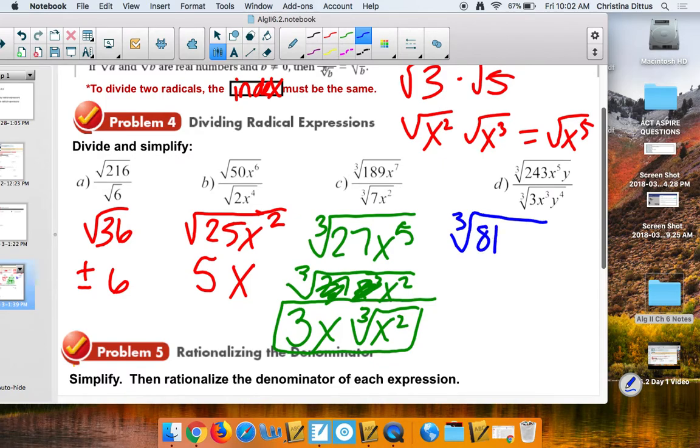What about my x's? x squared. Okay, what's wrong with my y's? The bigger one's on the bottom. So what we're gonna do is leave it on the bottom. Okay, we have the cubed root. What happens with my y on top and y to the 4th? y cubed on the bottom.